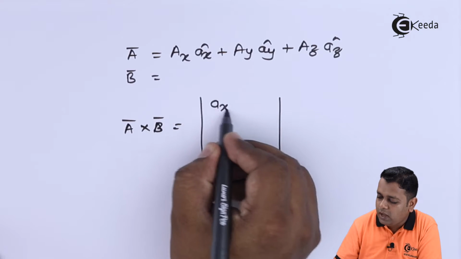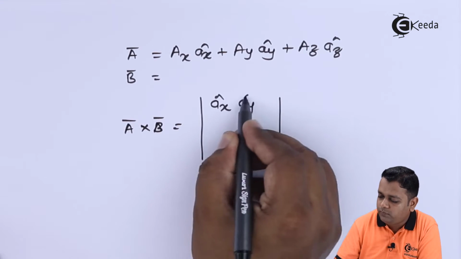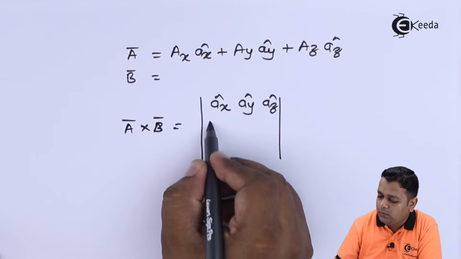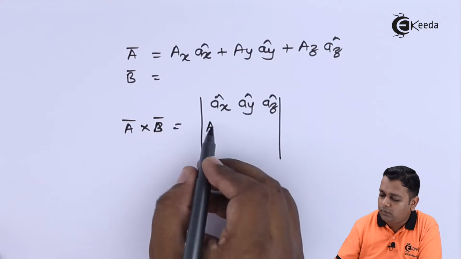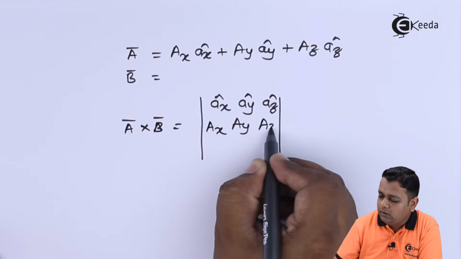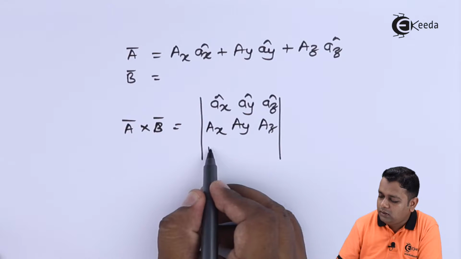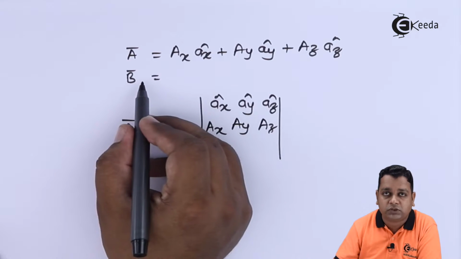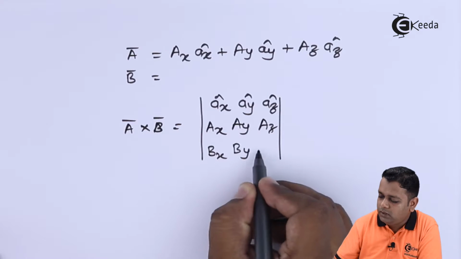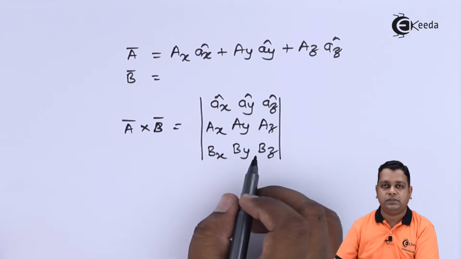The first row will have the unit vectors ax cap, ay cap, az cap. The second row will have the coefficients of vector A, AX, AY, AZ, and the third row will have the coefficients of vector B, that is BX, BY and BZ.